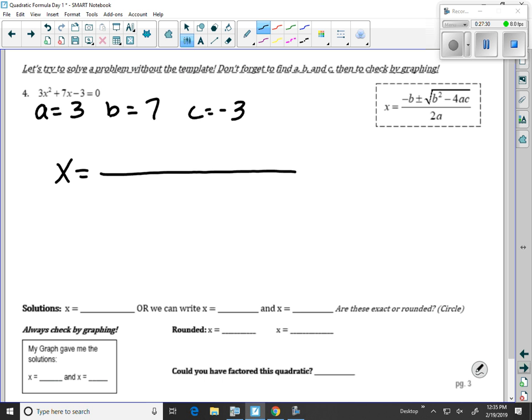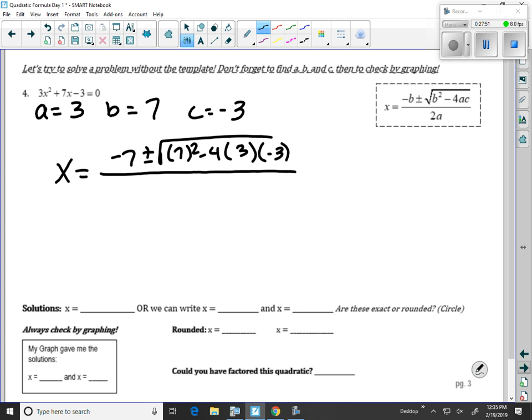So we'll have negative b, so -7 plus or minus, and then it says b squared, so 7 squared minus 4 times a times c.